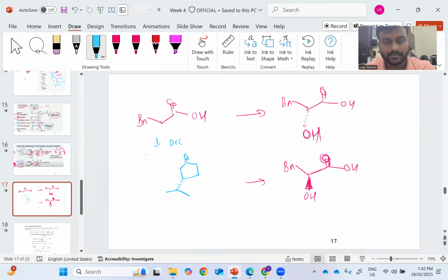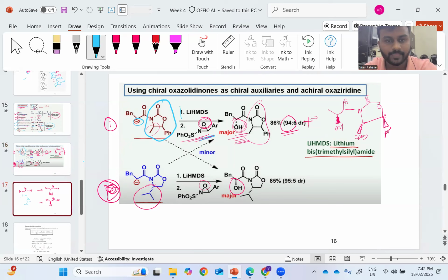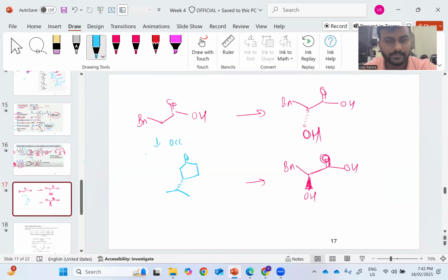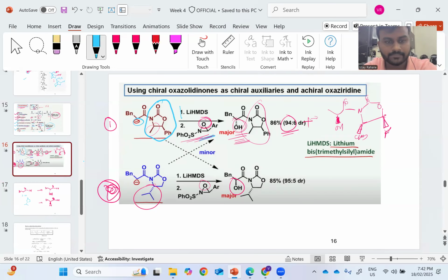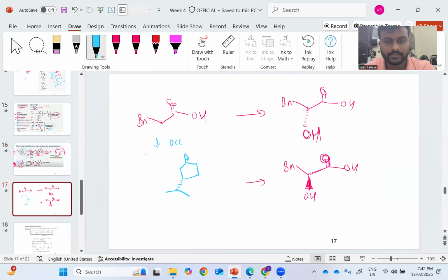And in this case, what are the other groups here? Ph. And here there is NH. So if we perform the reaction, we get the amide, the structure is nitrogen with the attached chiral auxiliary.